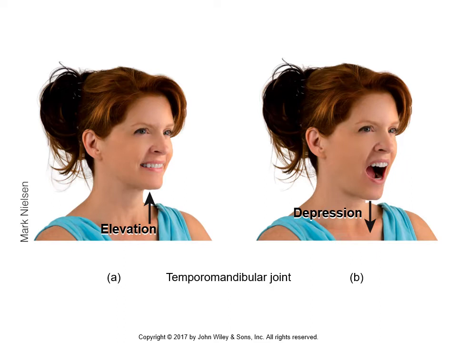When you're doing that, you're elevating the scapula. Depression is primarily the trapezius. If I pull my shoulders downwards towards my butt, that's depression of the scapula. So it's not only the TMJ, or the temporomandibular joint, which can achieve this.